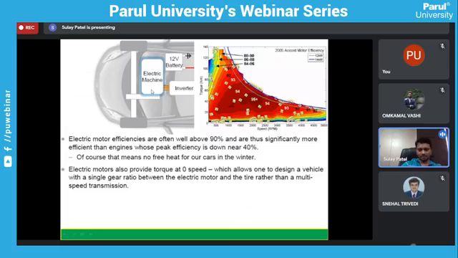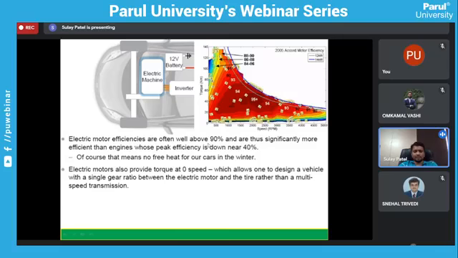Because of this, all electric machines are running in this higher efficiency range. Electric motor efficiencies are often well above 90% and are thus significantly more efficient than engines, whose peak efficiency is down near 40%.